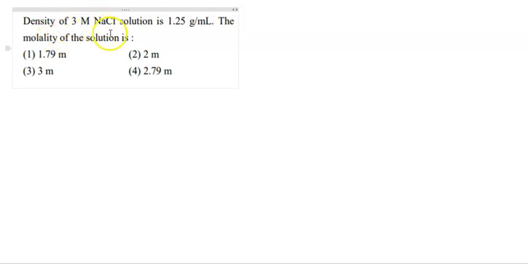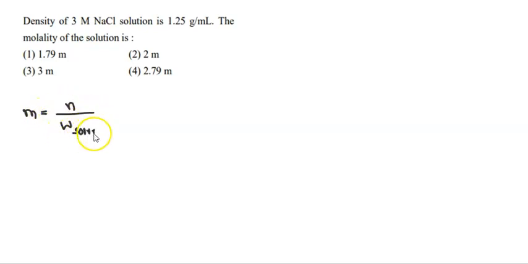Density of 3 molar NaCl solution is 1.25 gram per ml. Molality of the solution is, we know that molality is equal to number of moles by weight of the solvent in kgs. So 3 molar solution means 3 moles of solute is present in 1 liter of the solution.